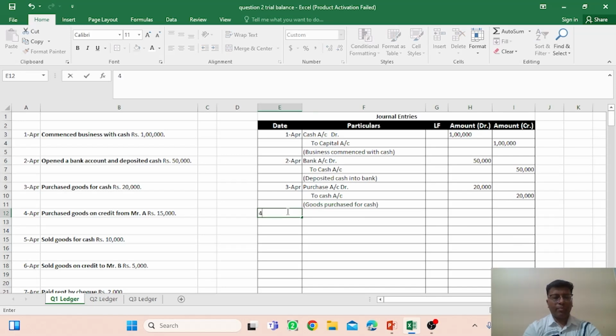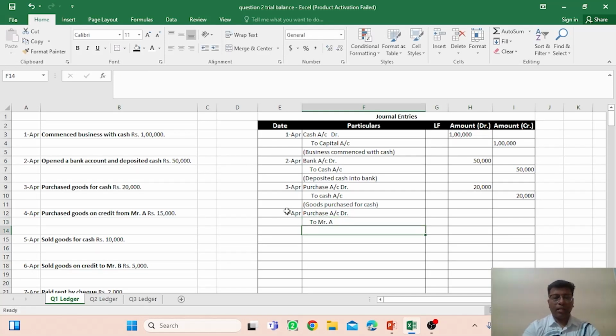And on 4th April, the next transaction is purchased goods on credit from Mr. A, as the party name is mentioned in the question. So this is a case of credit, and the credit term is already given to you, right? So purchase account debit, to Mr. A, because the party name is mentioned.